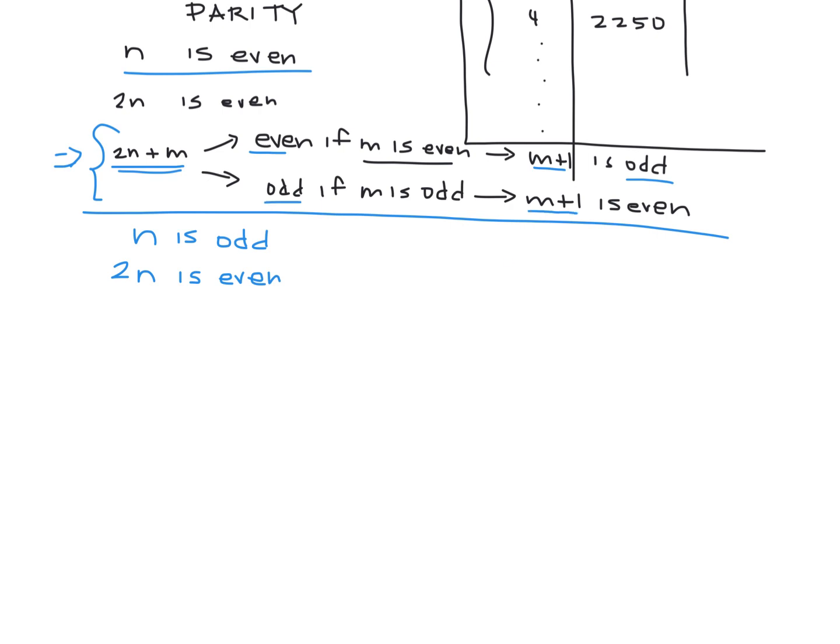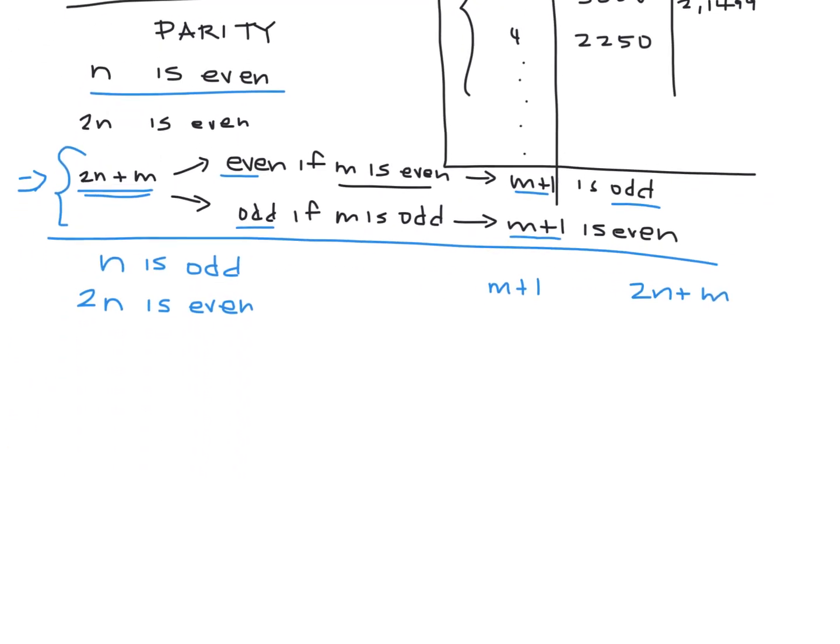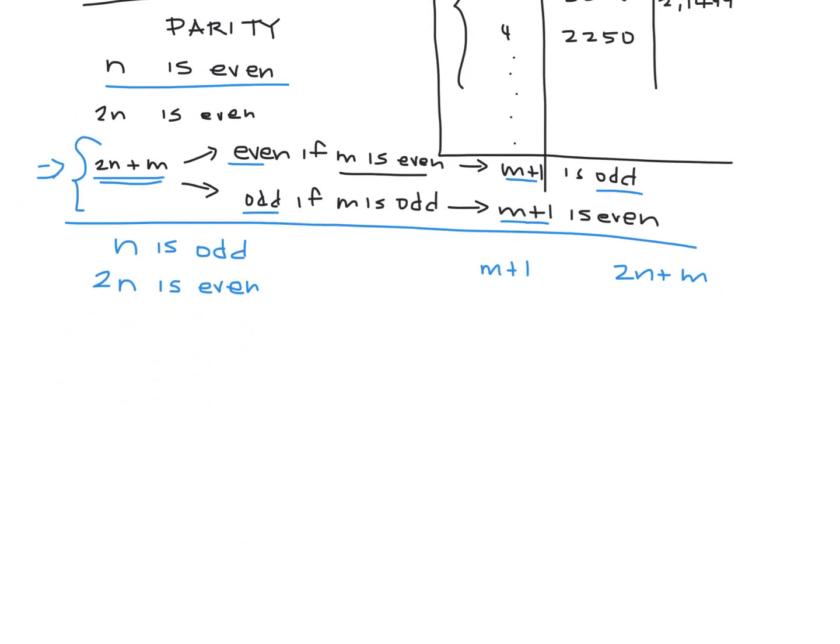So if we write these two guys again, m plus 1 and 2n plus m, just like we did up there, from this parity discussion, we can see that they will always have opposite parities. So if one is even, the other one is odd. If one is odd, the other one is even.